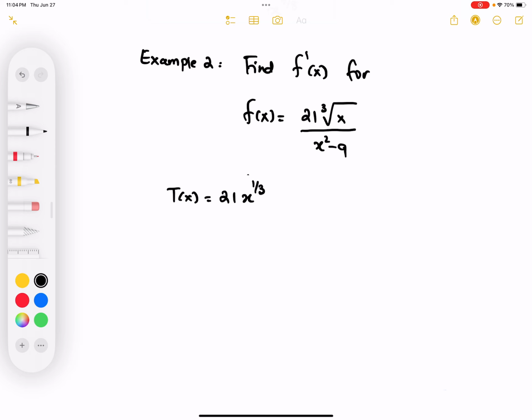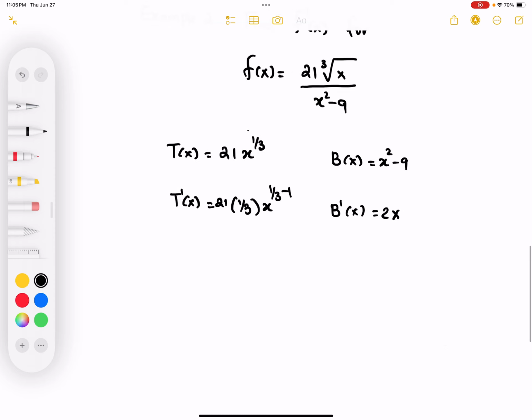I converted the root form into rational exponent form. And the bottom one is x squared minus 9, right? So the derivative of the top is 21 multiplied by 1/3 x^(1/3 minus 1). The derivative of the bottom one is just 2x.